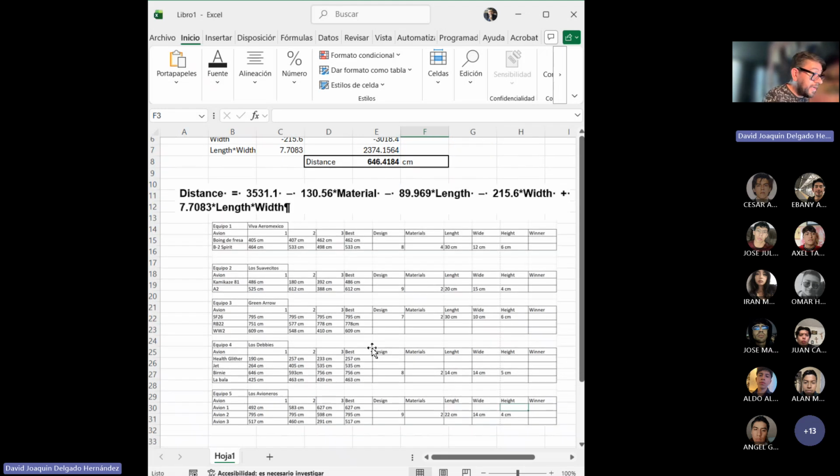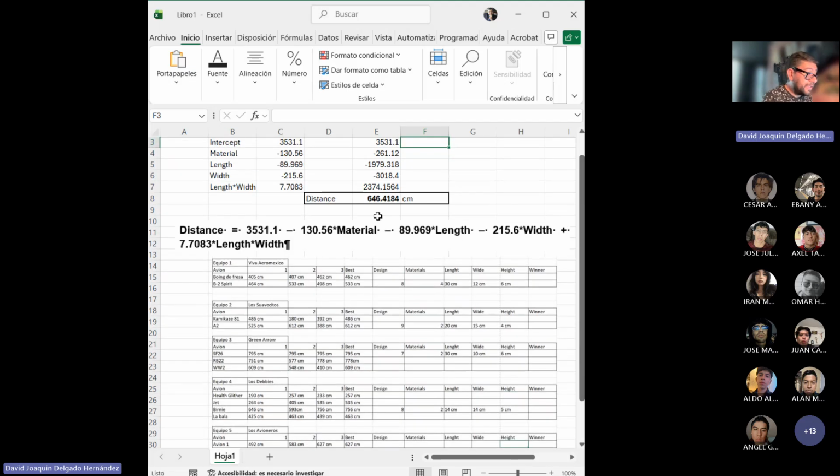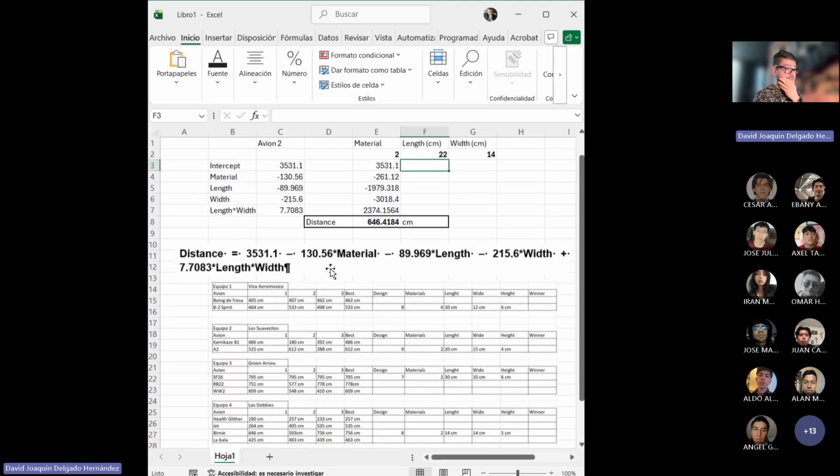And let us see the real data, which is 795, 598, and 795. This is as well one of the airplanes that flew until it crashed in the classroom wall, okay? So this is the last team. This is the predicted distance, okay?